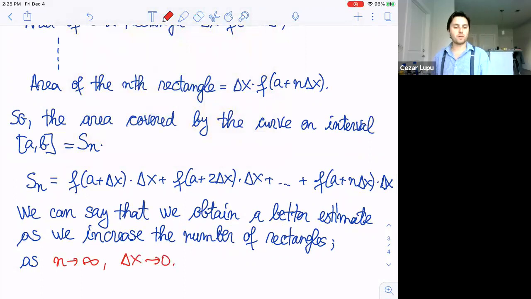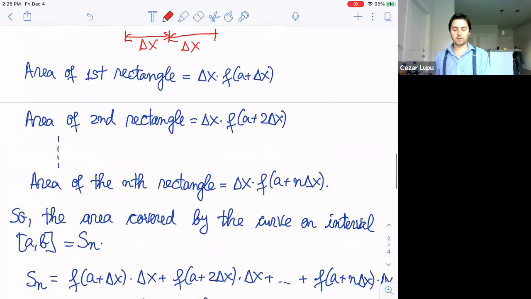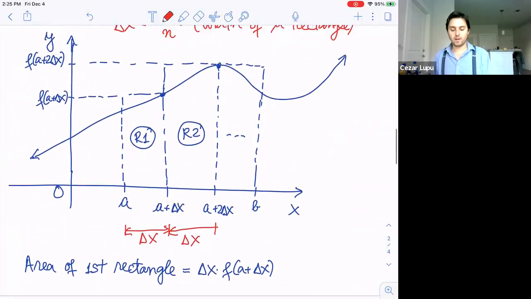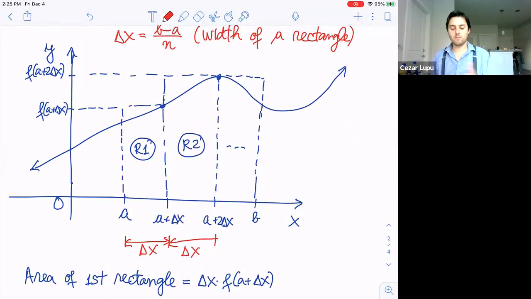This is important for you to know. You just look at the picture, you have only two rectangles here, but imagine that we break this into n rectangles, and we keep going.